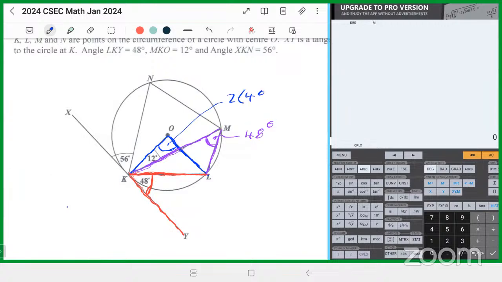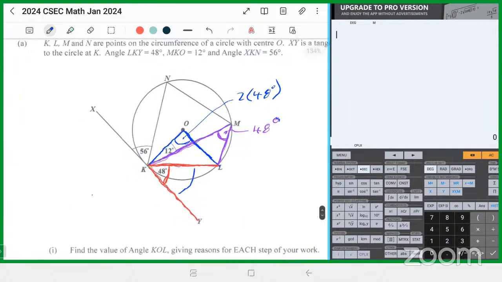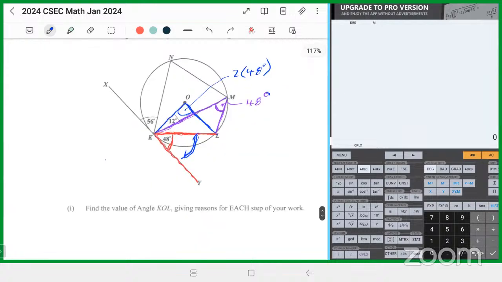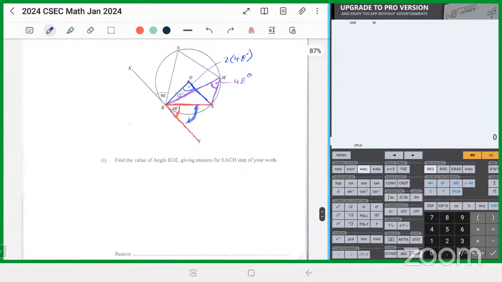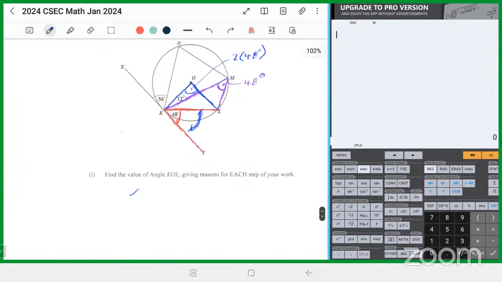If you connect the two rules, the angle at the center and the alternate segment angle, you see that the angle between the tangent and the chord is half the angle subtended at the center. That's why the angle here is 2 times 48. So angle KOL is 2 times 48 degrees, which is 96 degrees.